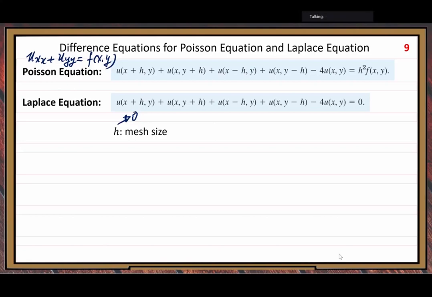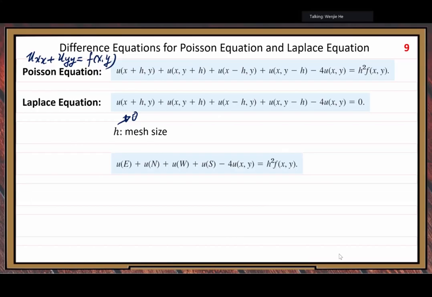So people need to show that as h goes to 0, your numerical solution converges to the real solution. That's the convergence question, an important problem to study.